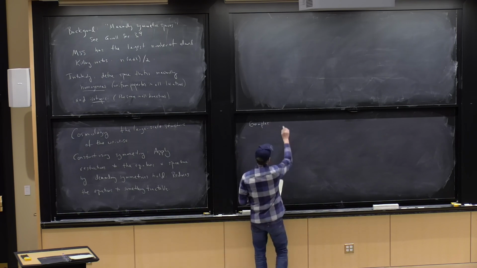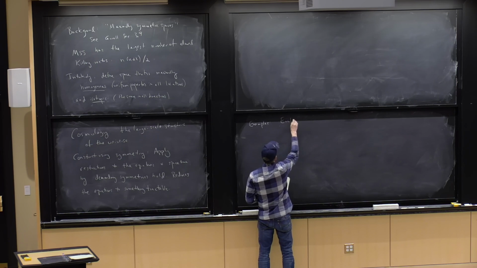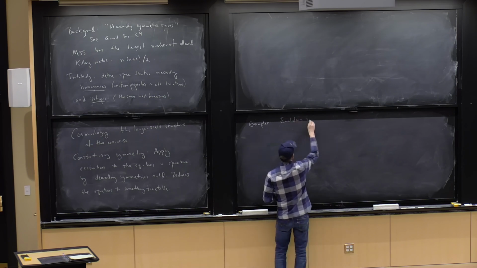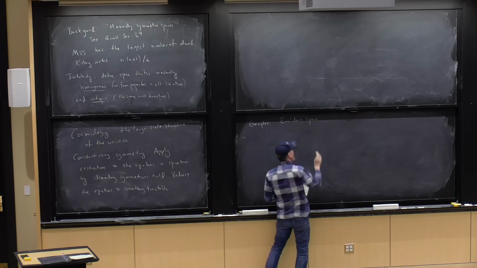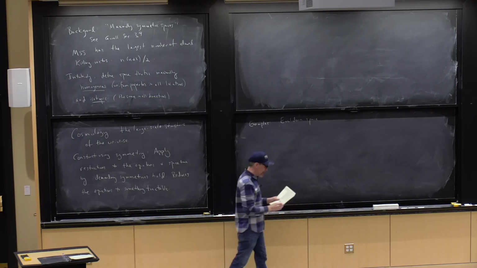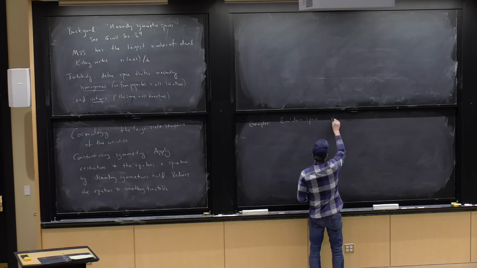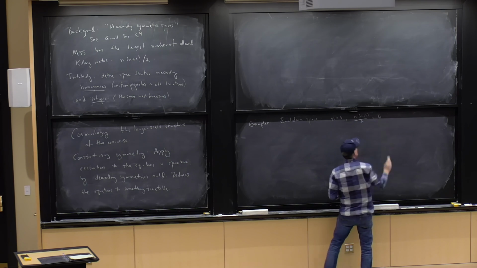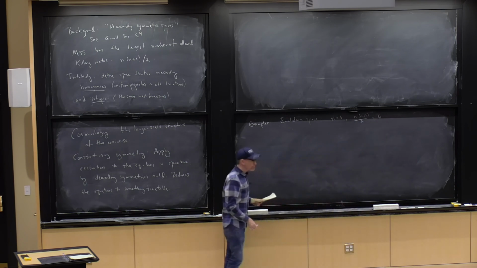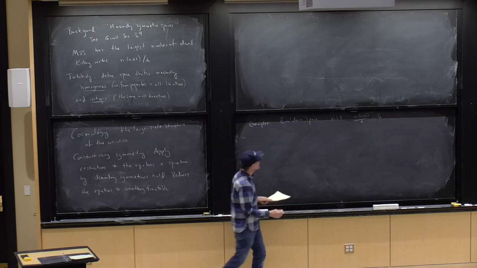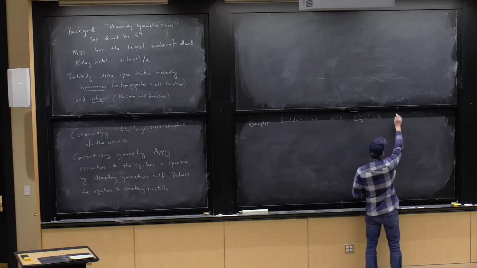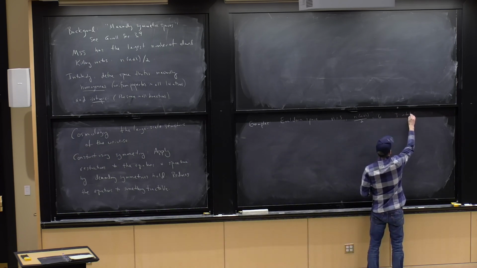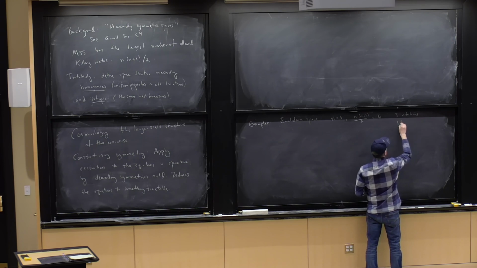So let me give two examples. In Euclidean space, that is a maximally symmetric three-dimensional space. n times n plus 1 over 2 equals 6. And those 6 Killing vectors in Euclidean space correspond to 3 rotations and 3 translations.